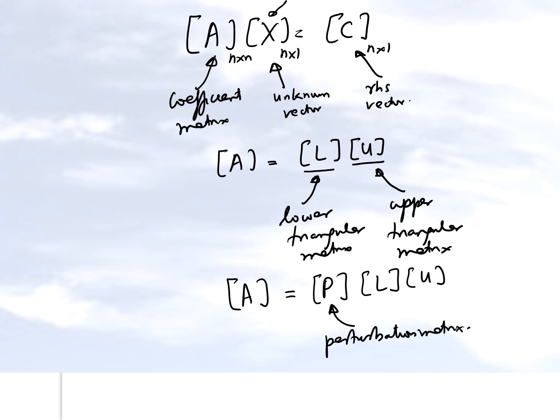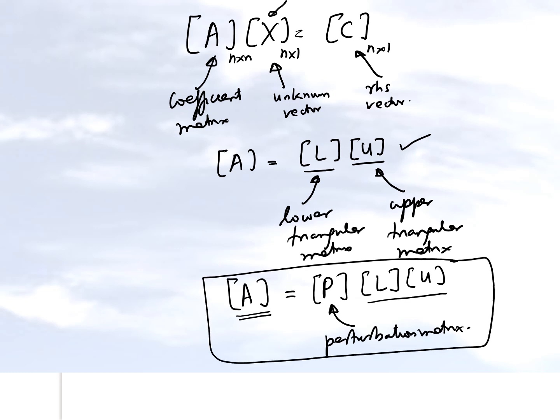This P could be the identity matrix, and then it'll be just in this form. But sometimes you might have to use the permutation matrix to be able to reduce the coefficient matrix into an LU form. We're not going to get into this discussion at this time because it makes it a little bit more complicated. So we're going to stick with this: you have an A matrix and you're able to decompose it into L times U.